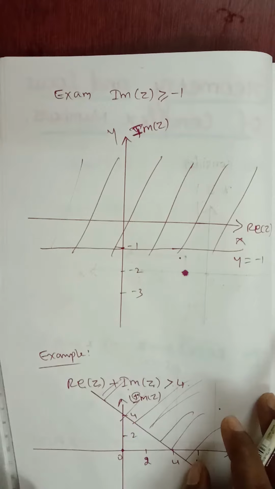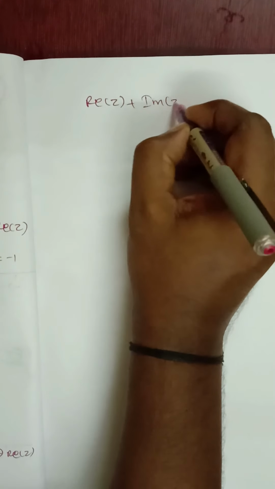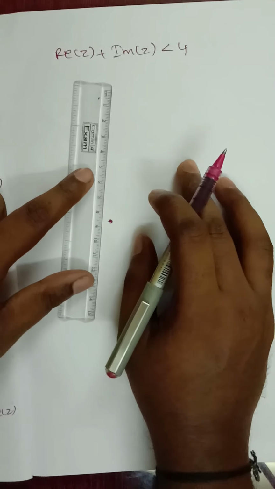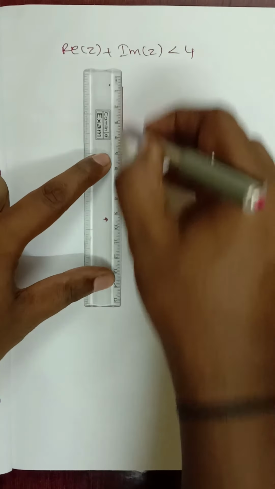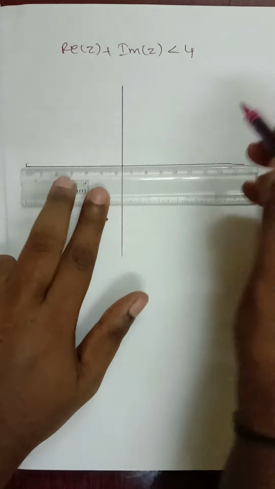Now I am going to take real of z plus imaginary of z less than 4. We consider the x-axis as the real axis and the y-axis as the imaginary axis.